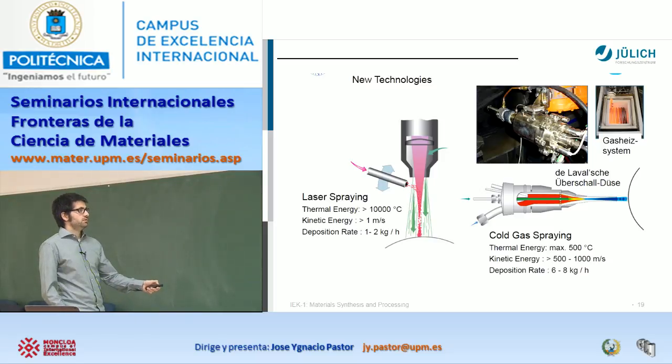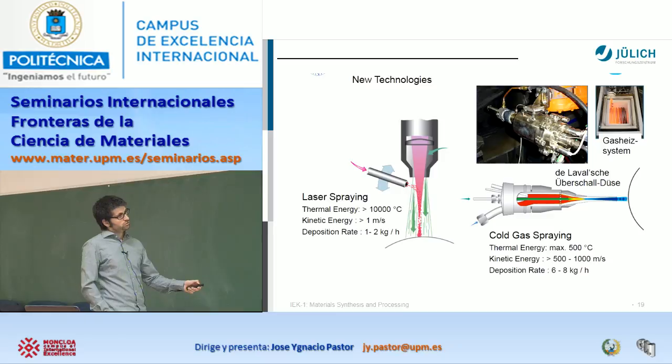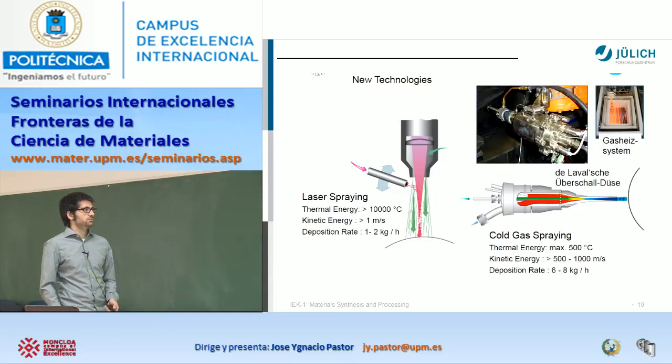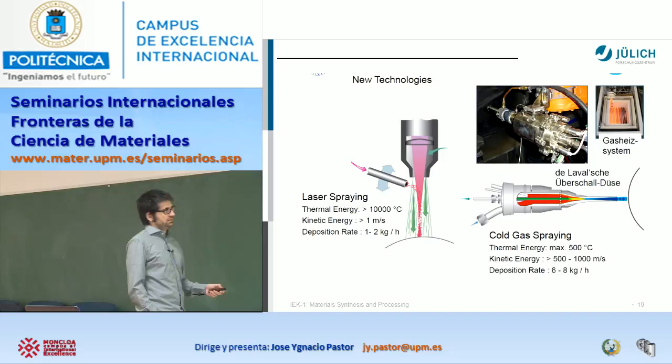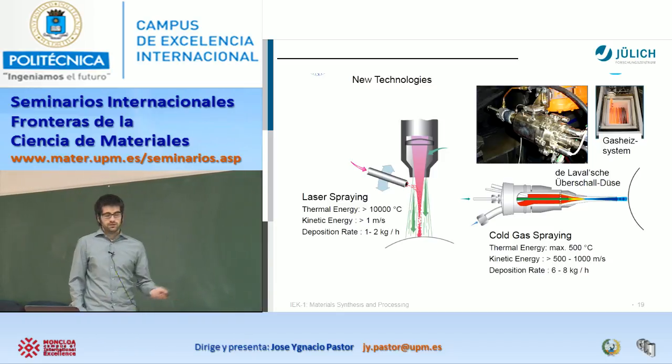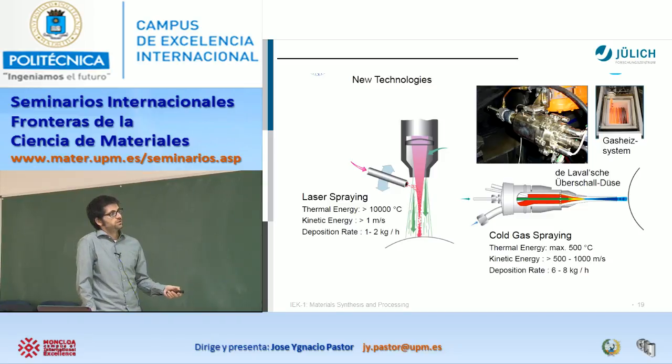In parallel, you introduce your powder that impacts here, and obviously it melts and covers these particles. With these temperatures, your material will be really affected, depending on the properties that you want at the end, and obviously they are quite high.